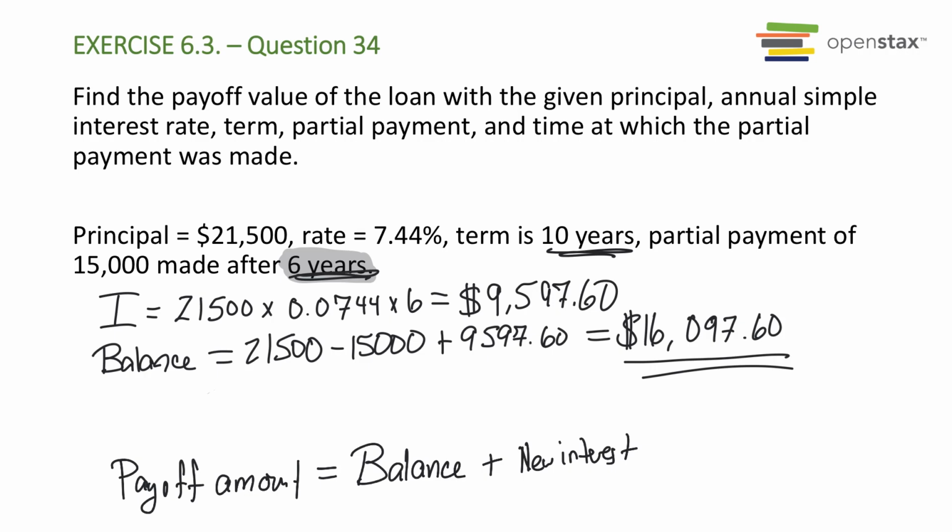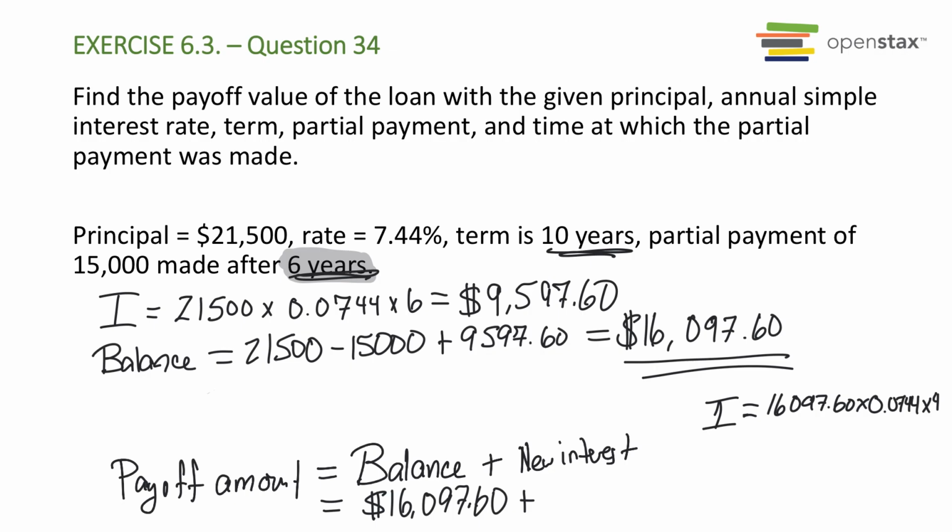So now our payoff balance is going to be our balance, which is 16,097.60 plus the new interest for the remaining 4 years of the loan. And that's going to be on the 16,097.60. It's the same rate, so 0.0744 times 4 years left, because we made the partial payment at the 6-year mark.